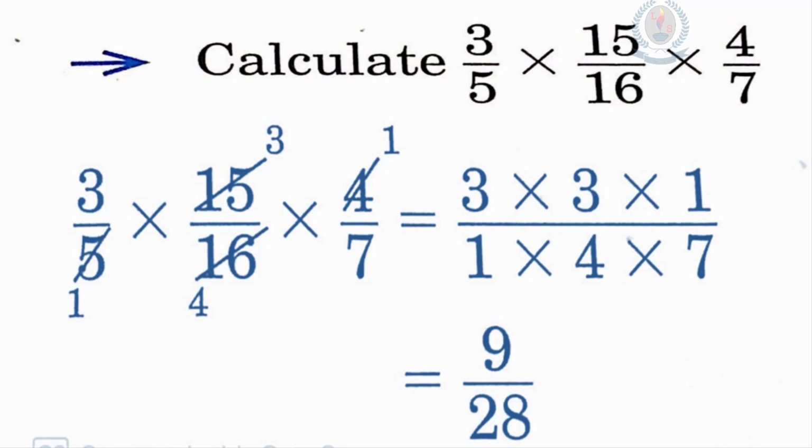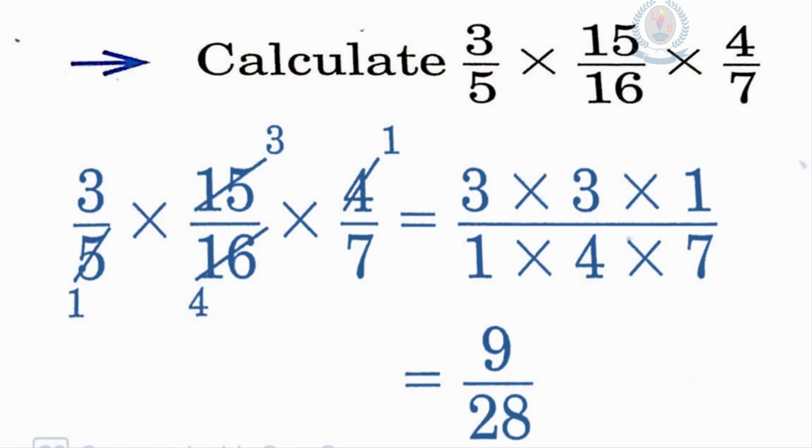So I have simplified and got the products. But the first fraction's numerator and the second fraction's denominator cannot be simplified. 3 and 16 you can't simplify. But the second fraction's denominator and the third fraction's numerator can be simplified by 4. So I have simplified 16 by 4 and 4 by 4. Then I have got the products.